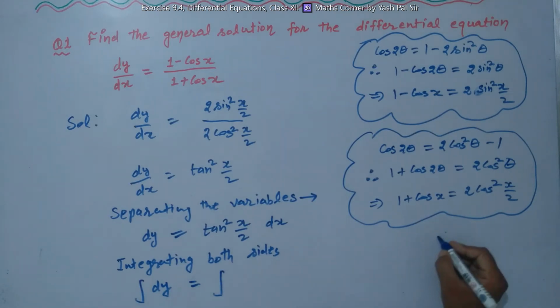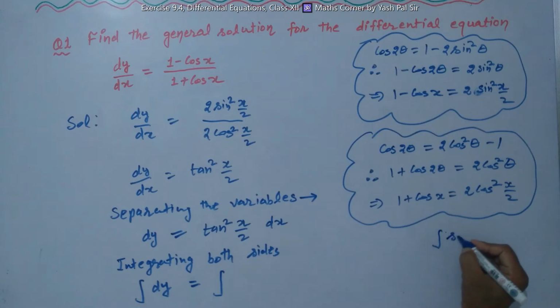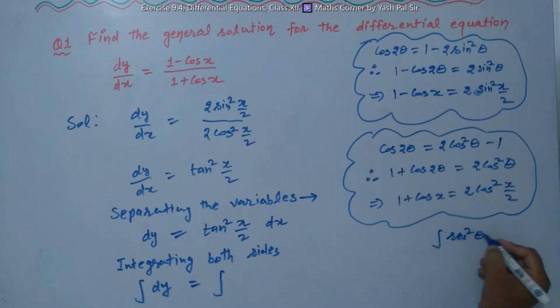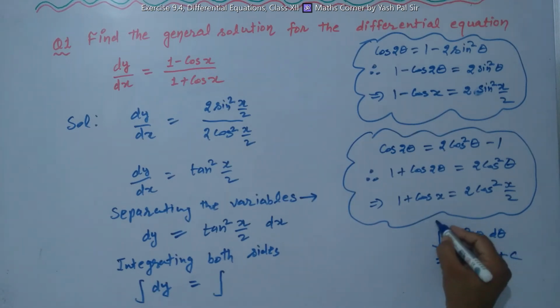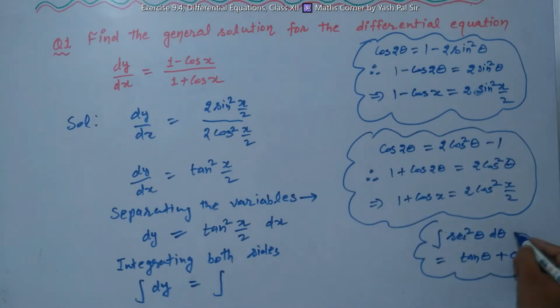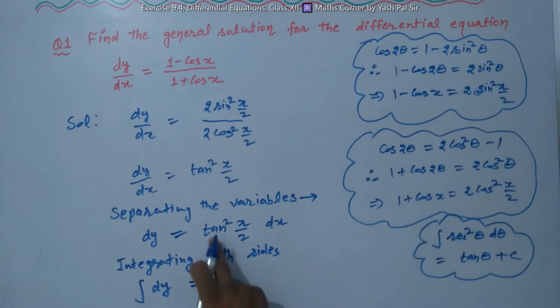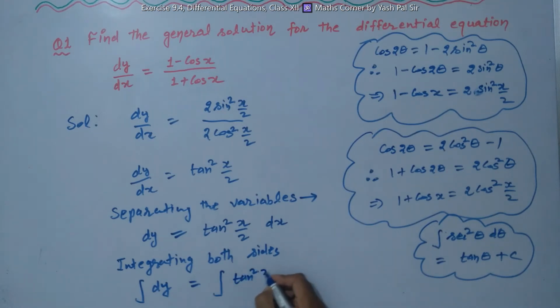Now we know that integration of secant square theta d theta is equal to tangent of theta plus c, right? Just we have inserted the sign of integration.